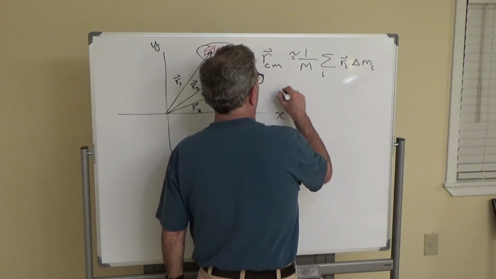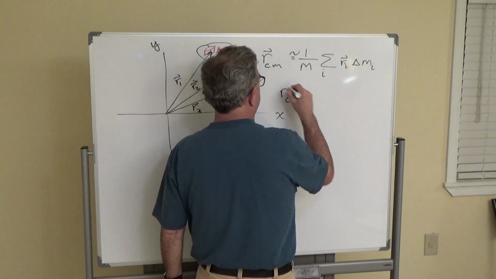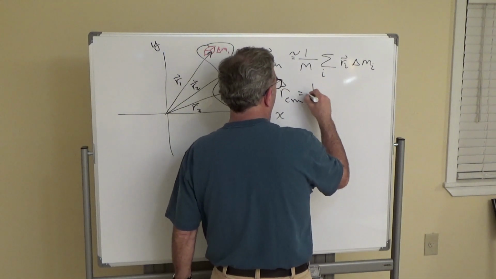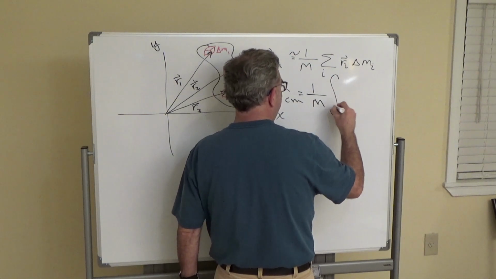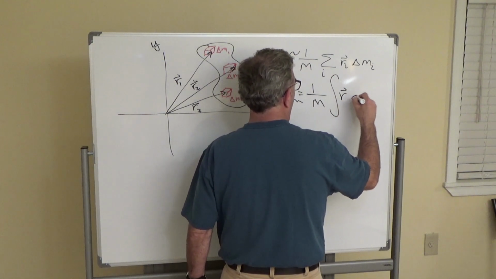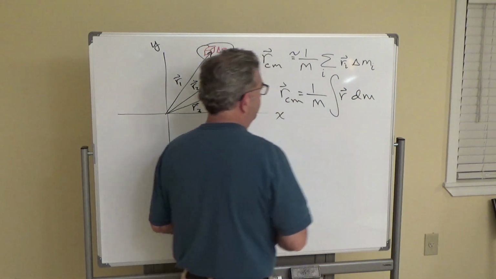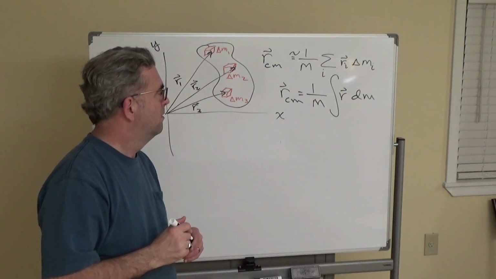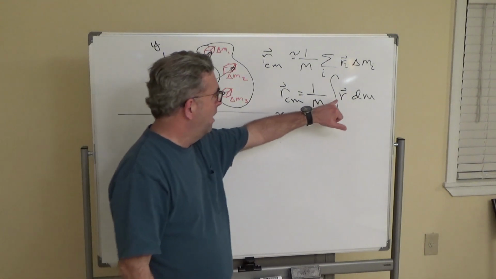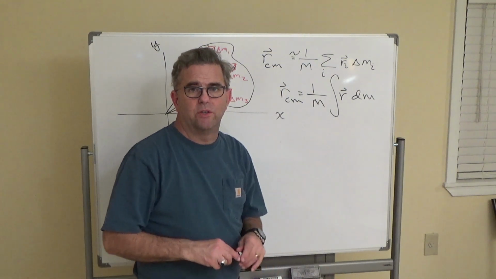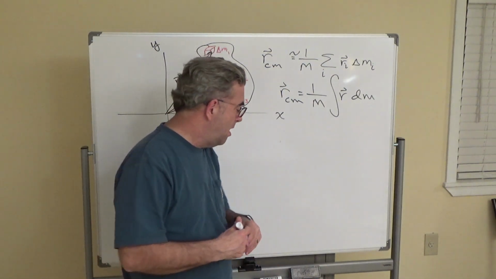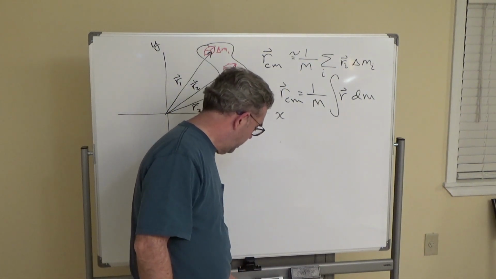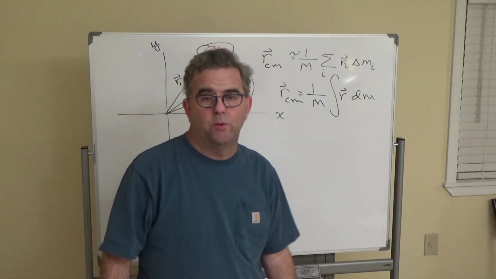So R center of mass is equal to 1 over M times the integral of R dm, where R is the position of all these little pieces, and you're integrating over the entire object. So that's how you would calculate it.